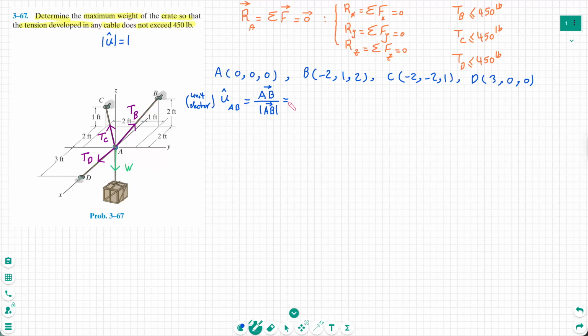So for example, let's calculate the AB vector.